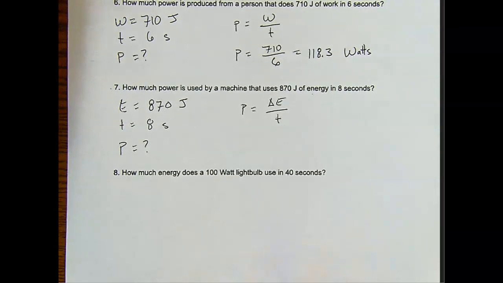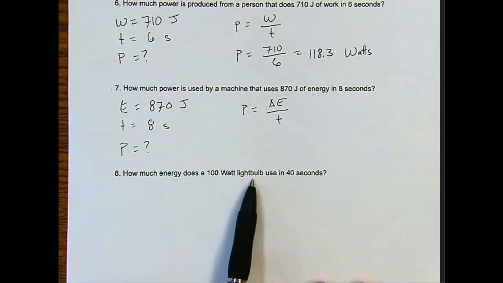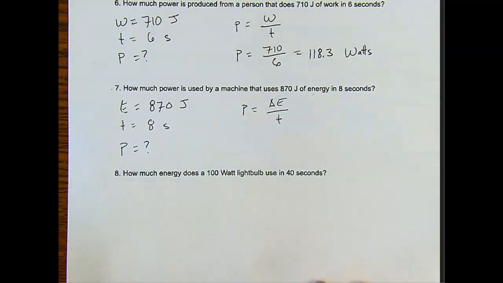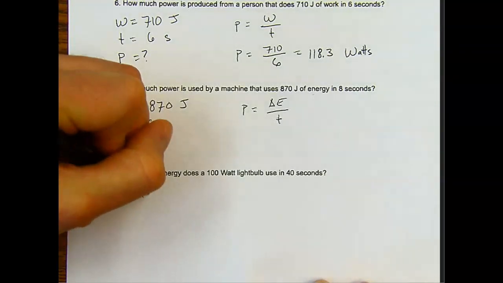Number 8 says, how much energy does a 100-watt light bulb use in 40 seconds? So what do we know? The question is asking for energy, so we don't know energy. What we know is the light bulb has 100 watts, and watts is a measurement of power, so we know the power is 100 watts.